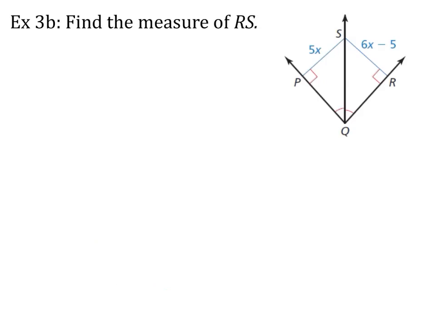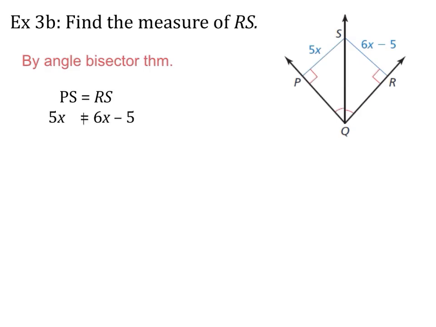Okay, let's take a look at example 3B. Find the measure of segment RS. The angle bisector theorem also helps us conclude that the distance PS is equal to the distance RS. So we can set up our equation, 5x equals 6x minus 5.